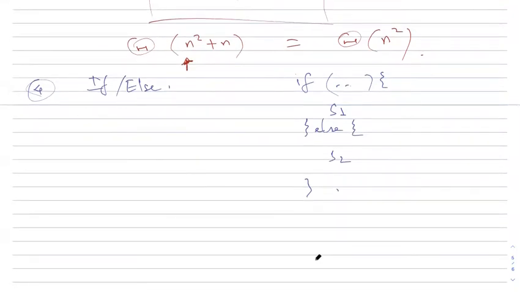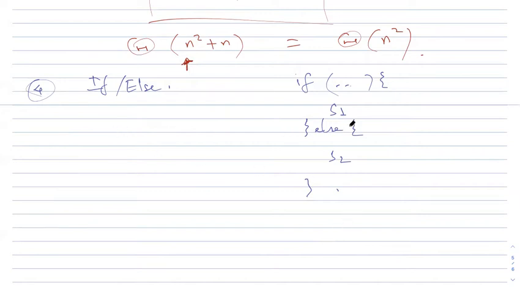So what do you think in this case we should be doing? Any ideas? Is it n because it will never be the case that both the if and the else run?